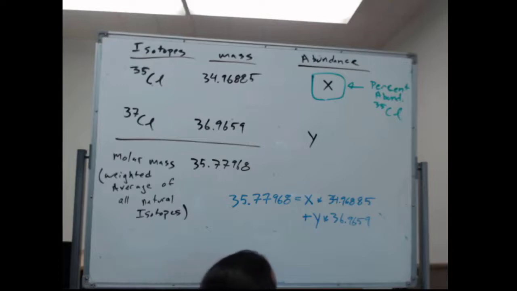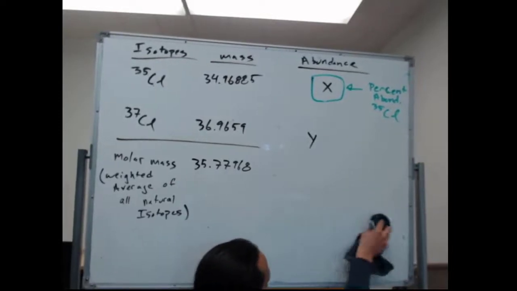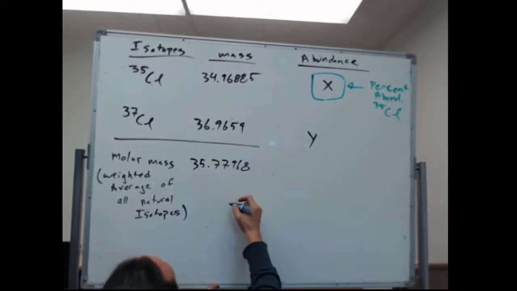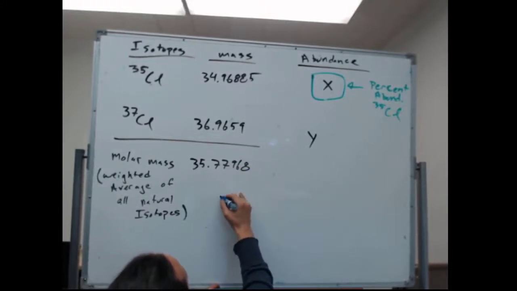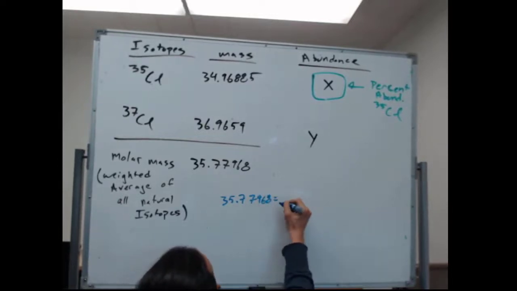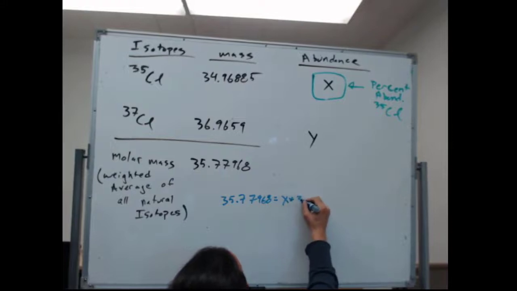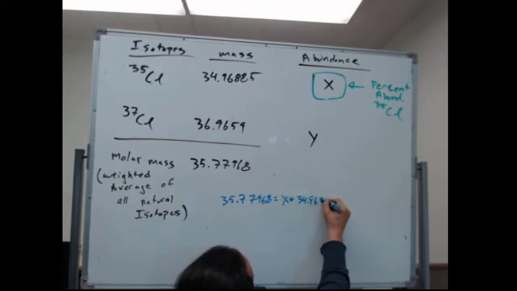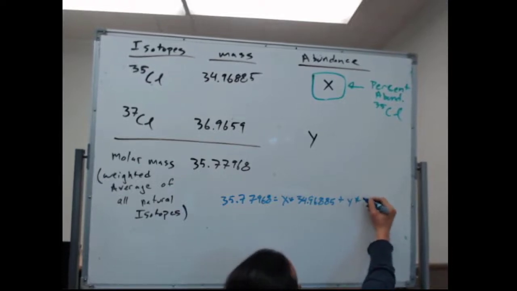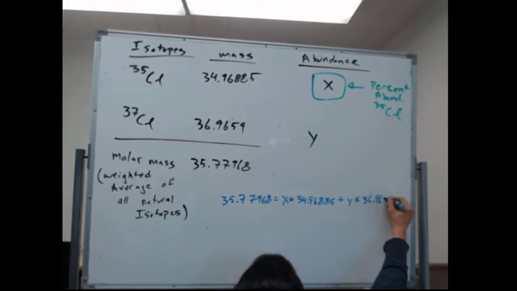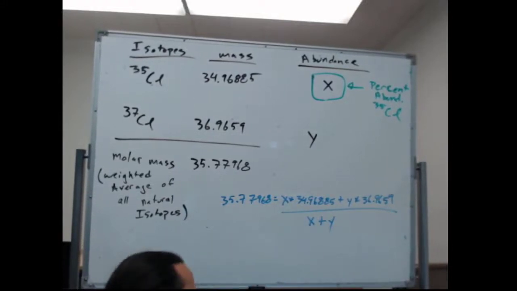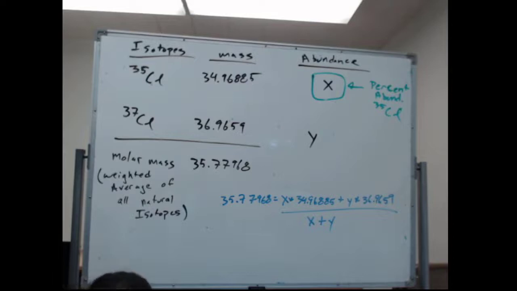Oh, let me give myself more space, because I forgot to divide. So this is going to be 35.77968 equals X times 34.96885 plus Y times 36.9659, divided by X plus Y. Oh, I forgot about that part. That would have messed up everything.